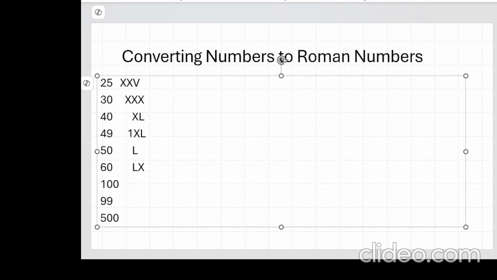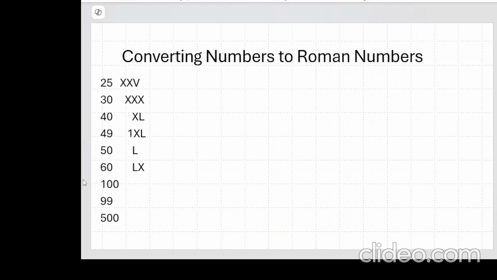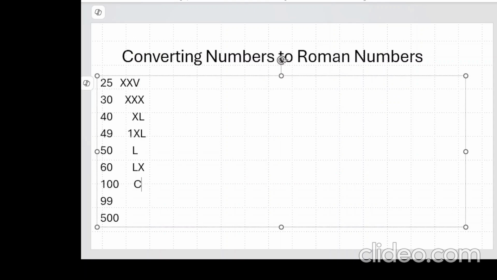100, from the table we know it as C. 99 we will be writing as C is 100, X is 90, now it becomes 90, then I'll be writing I here.